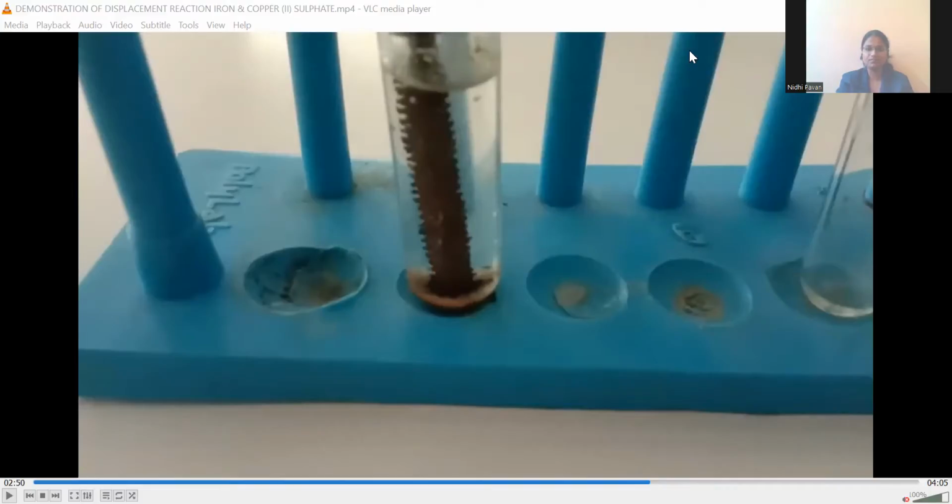Fine. Okay. So let us see what happened to our solution. Fine. I think it needs some more time. The copper is getting deposited, but it needs some more time, I guess. So when you observe clearly, you can see a brownish formation on the iron nail.